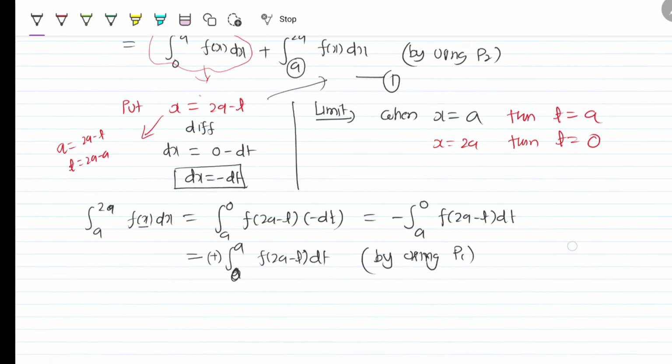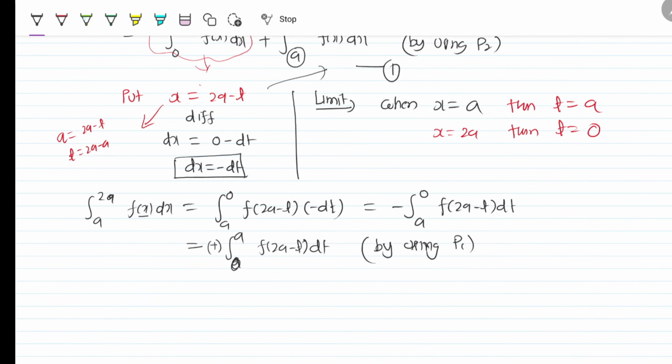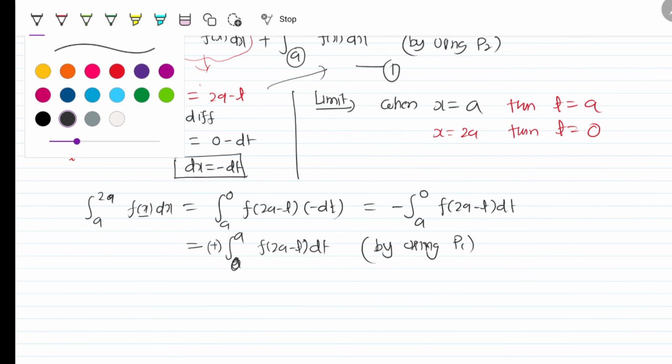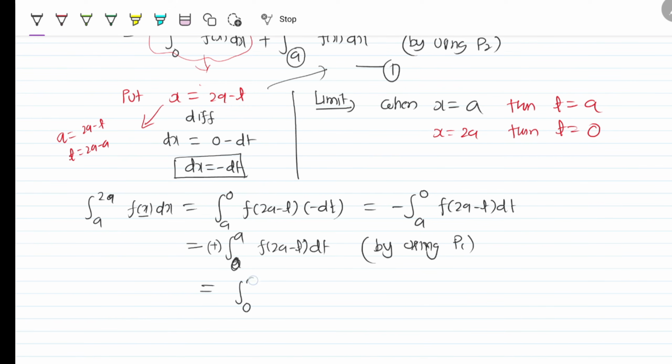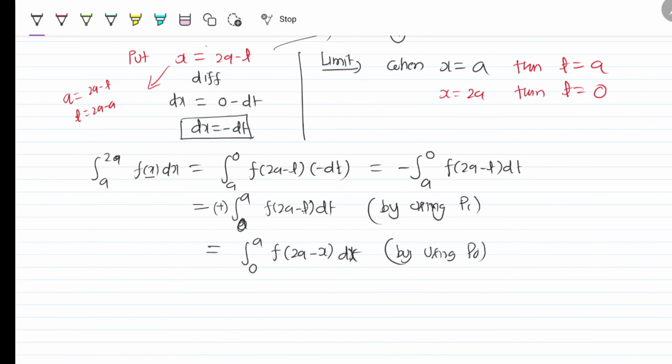Now p1 is very important, p1 and p0. These properties we are using to prove any other properties. Next, 0 to a f of 2a minus t, and t we can write as x because it is independent of variable. Here also dx by using p0 property.